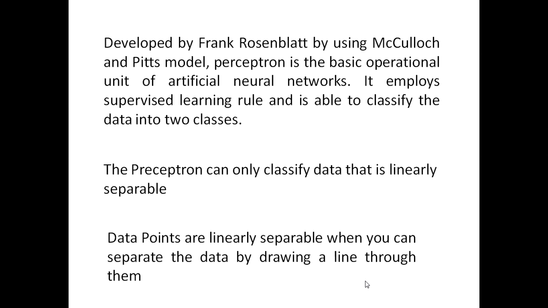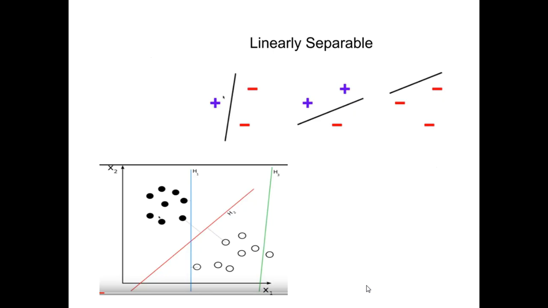So if we are able to draw a straight line between the data and separate them using that line, we can say that data is linearly separable. As you can see in this example, we have a straight line that can differentiate these two into two different parts, so it is linearly separable. This data is linearly separable by this line, this data by this line, and again this data is also linearly separable by these two specific lines, right?